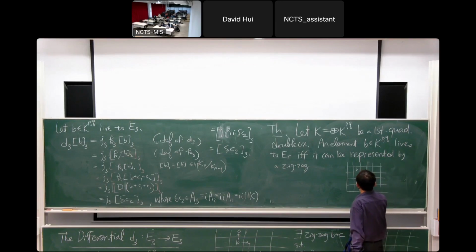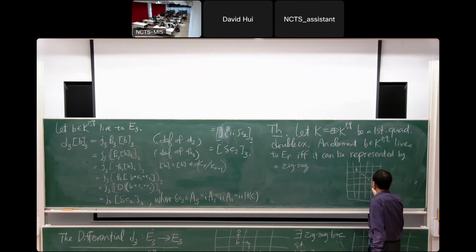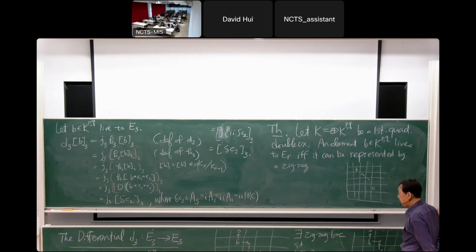So B, C1, dot dot dot. Let me see, where does it go? When it's E3, it ends at C2, so this would be R minus 1.